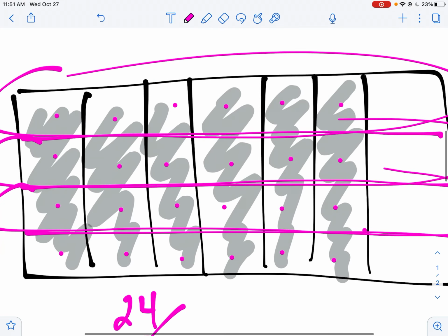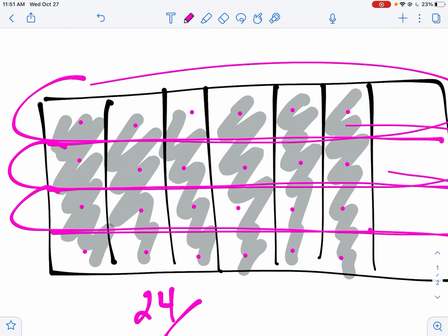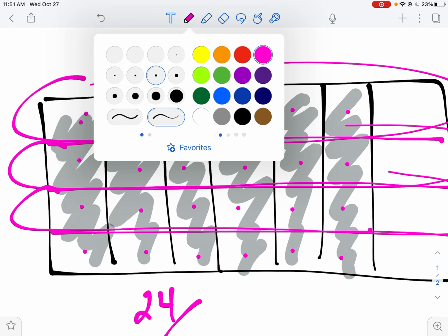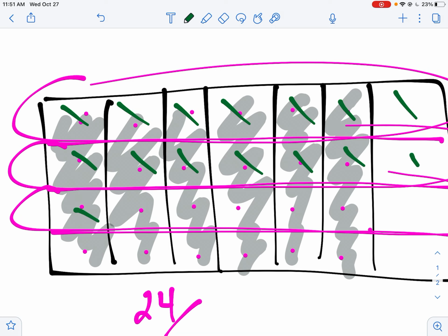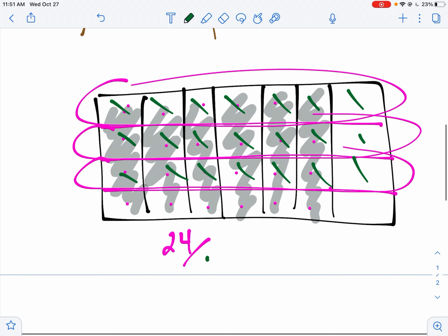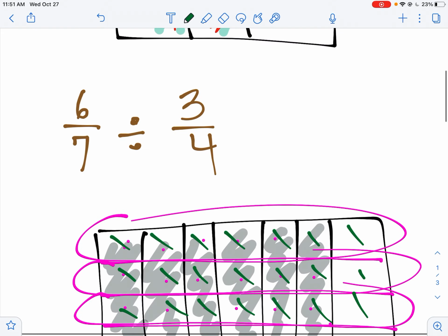Because I divided it by 3/4. So now I can go across here, and I'll use a different color to illustrate my counting. 1, 2, 3, up to 21. Excellent. 24 over 21.